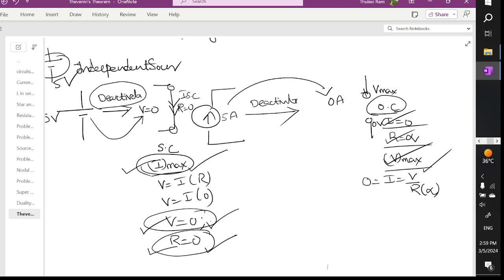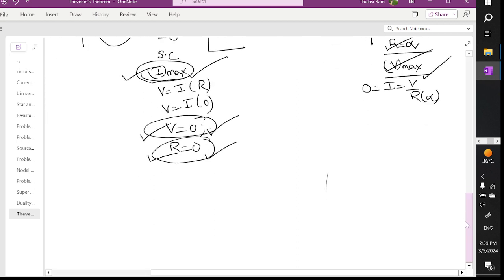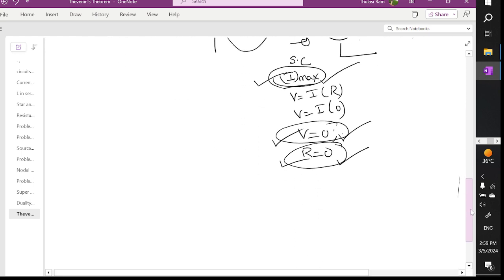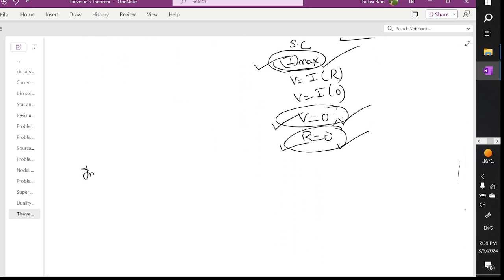So that's how we deactivate a voltage source, by making the voltage 0, and this is the meaning of making a current source 0. This is what you have to perform while handling independent sources. Let's summarize.